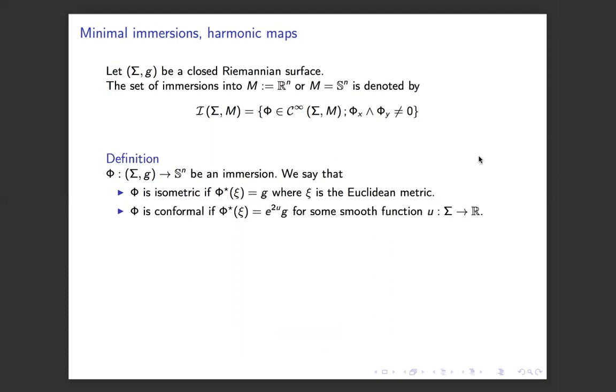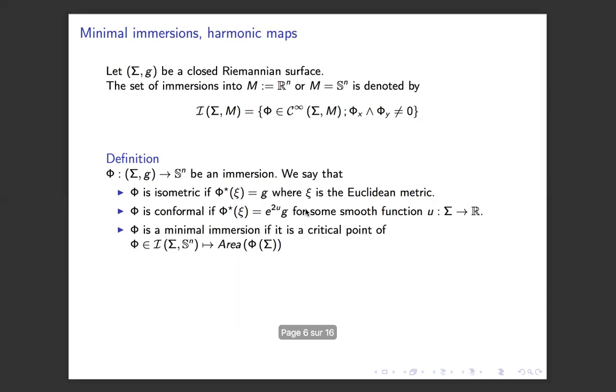It is conformal if the pullback is conformal to the Riemannian metric g, that is that you have a smooth positive function as a multiple of g. Phi is a minimal immersion if it is a critical point of the area of the image of the immersion.